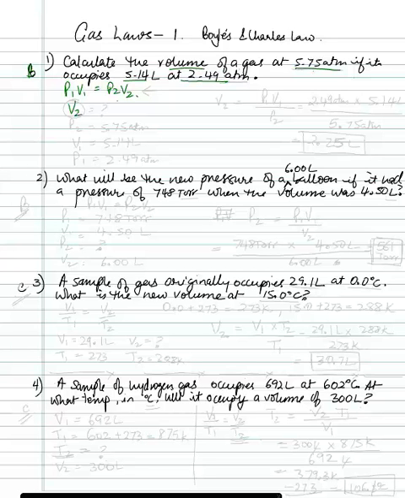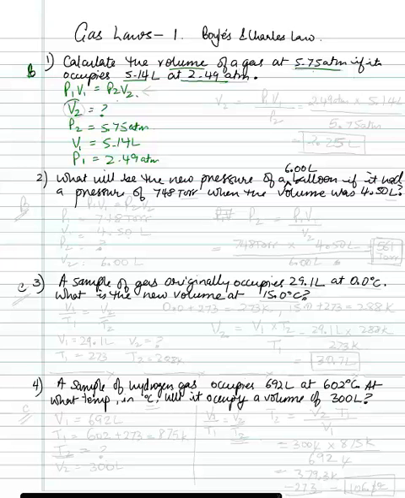So let's give that V2 is equal to what, which we don't know. And the pressure 2 then is 5.75, occupies a volume, so V1 is 5.14 liters, and then the pressure 1 is 2.49 atmosphere. Okay, so make sure your units are all consistent.